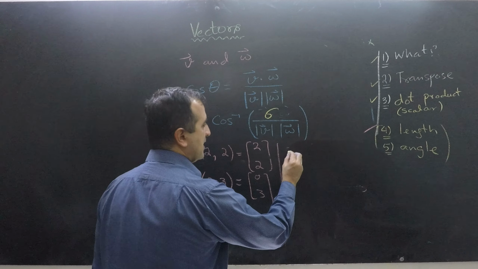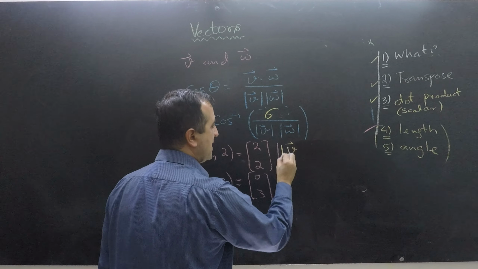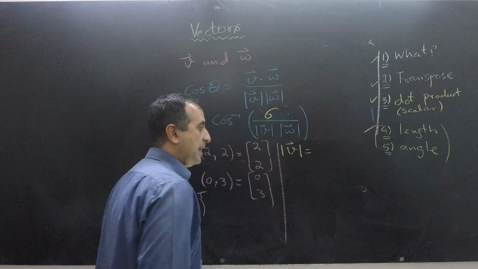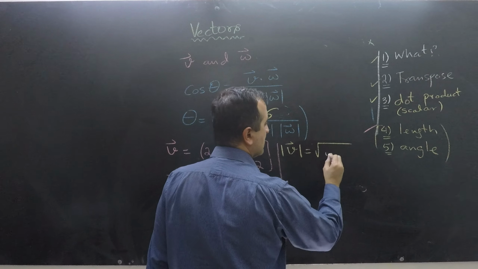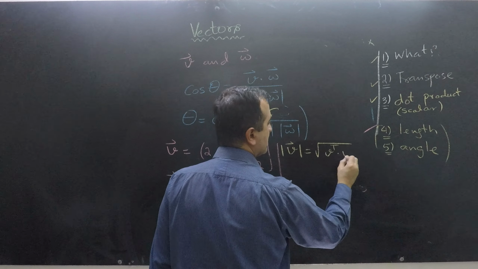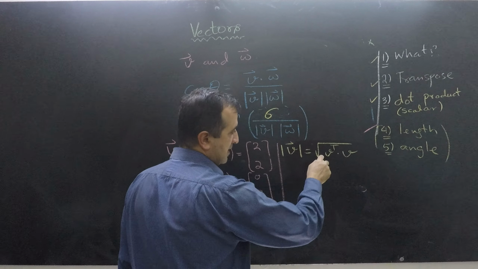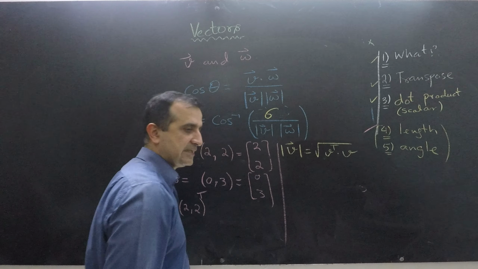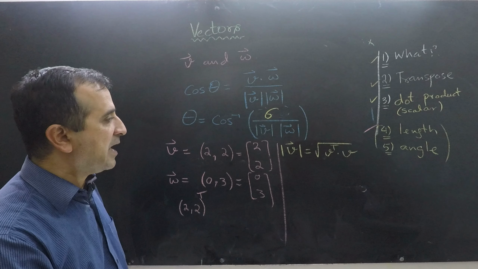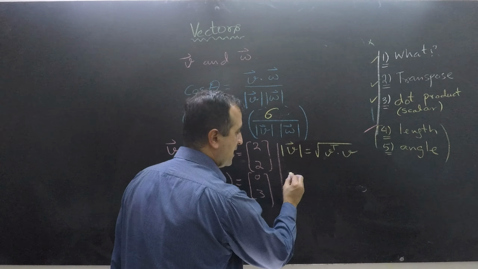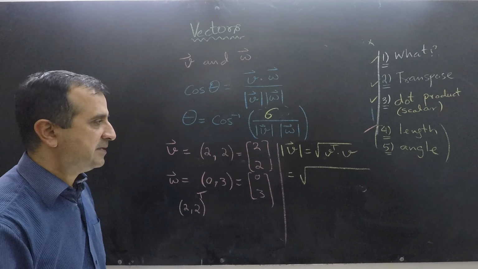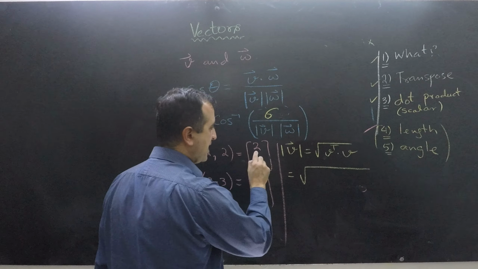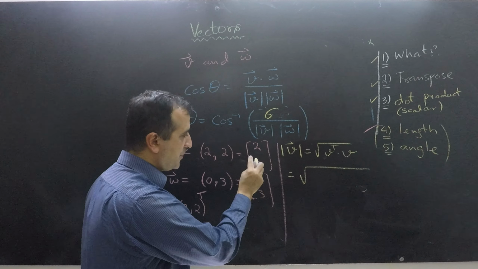So let's say I have to find length of V. Then I can say length of V is equal to square root of V transpose dot V, right? And then I can find V transpose and so on. But the shortcut method says that the length of V, if V has real numbers, is equal to the square root of the square of the first plus the square of the second.